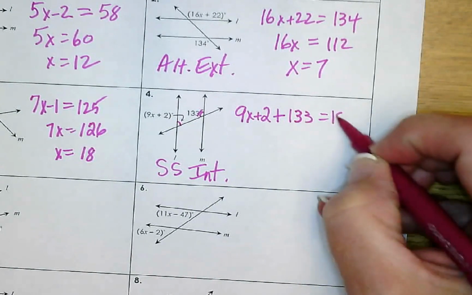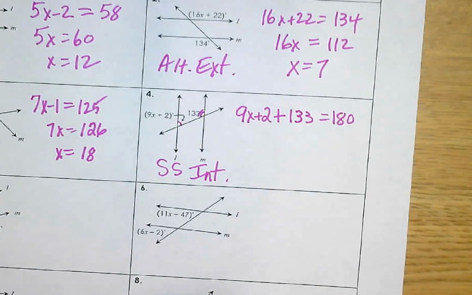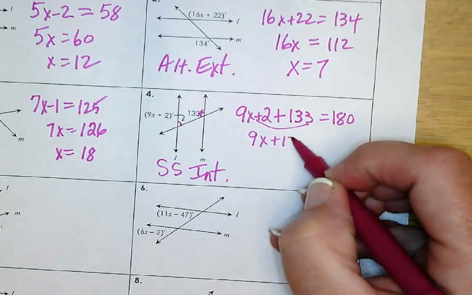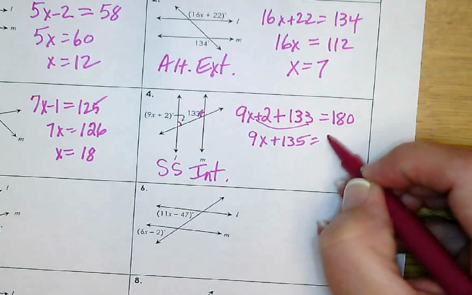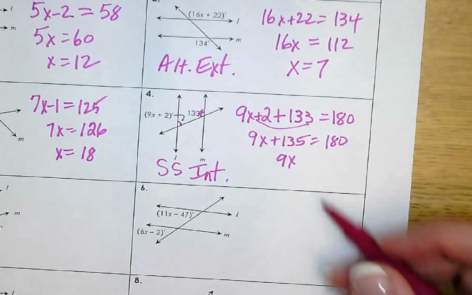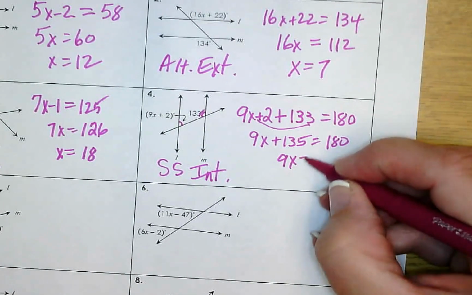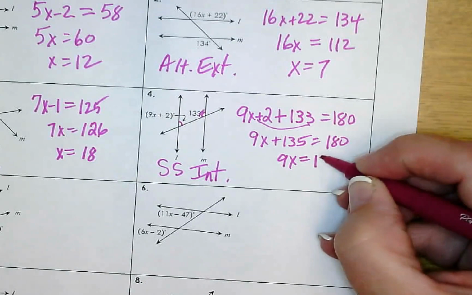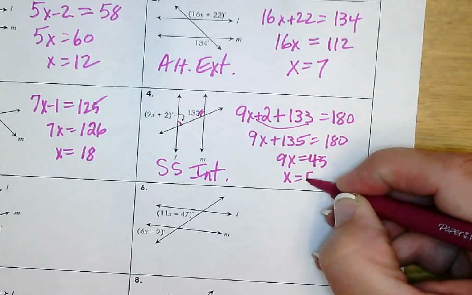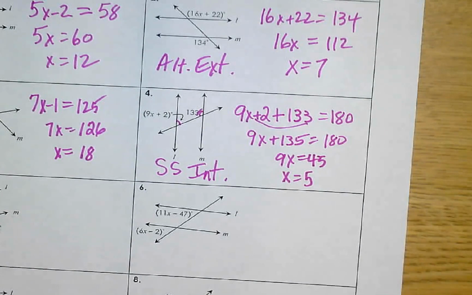Those two are going to total 180 degrees. Okay, put my like terms together first. Subtract the 135. And the value of x equals 5.